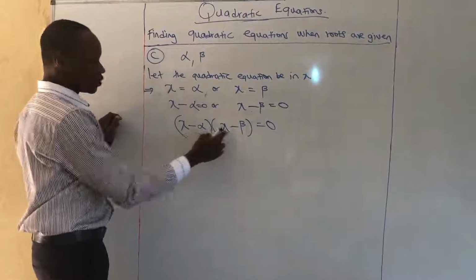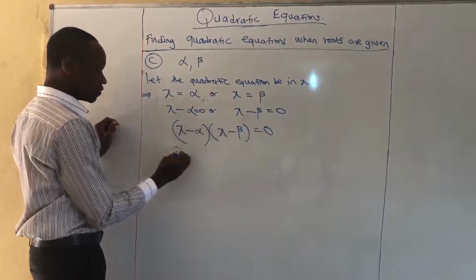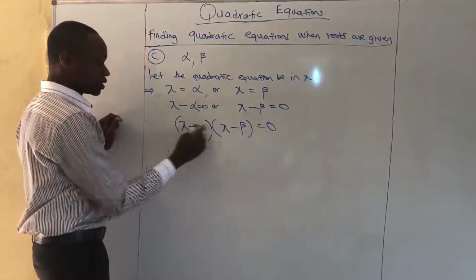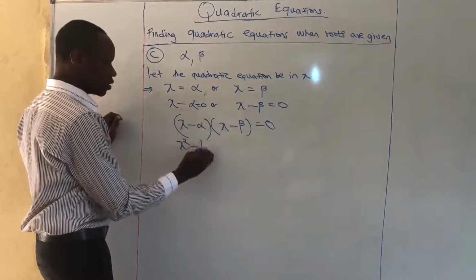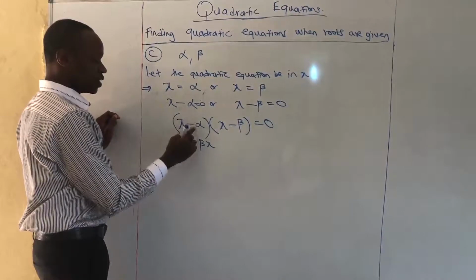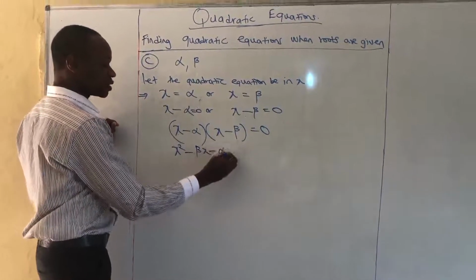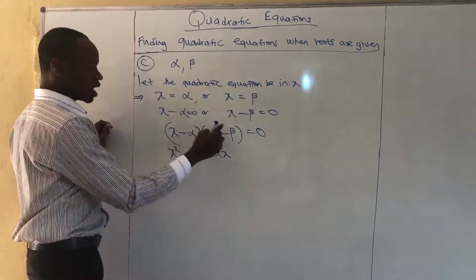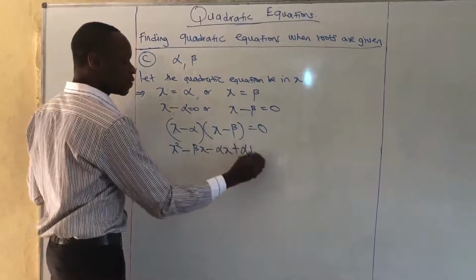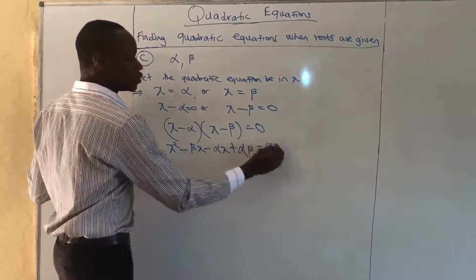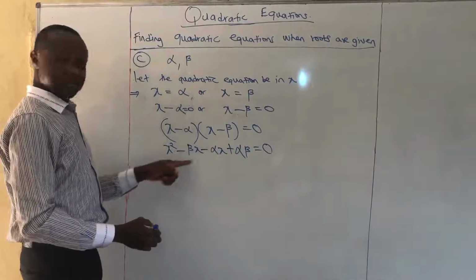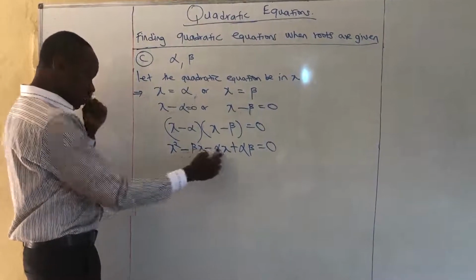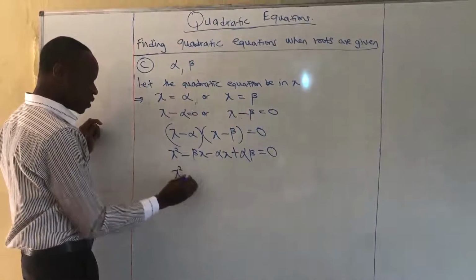By expansion, this and this will give us X squared. This and this will give us minus beta X. This and this will give us minus alpha X. This and this will give us positive alpha beta equal to 0. Remember, we normally collect these two and we have X squared.